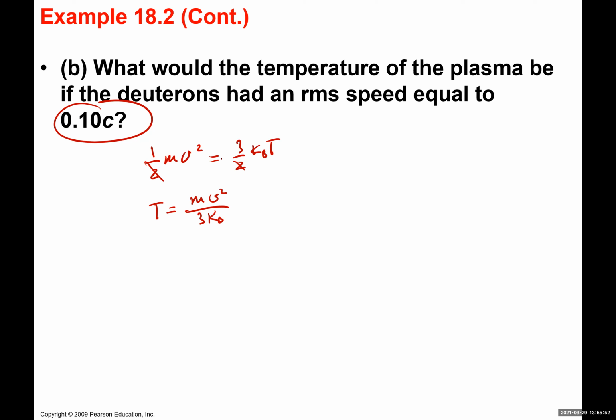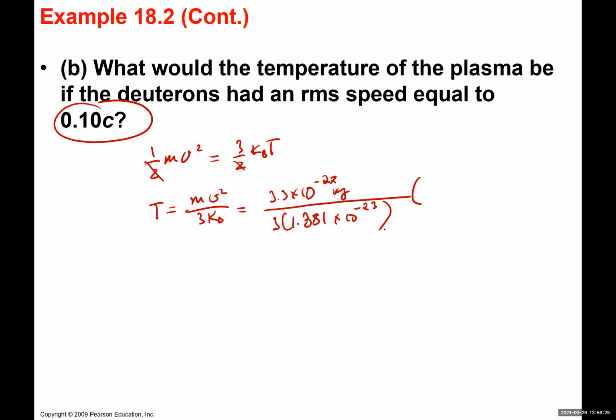So let's see. The mass is 3.35 times 10 to the negative 27 kilograms. Then 3 times 1.381 times 10 to the negative 23, that's the Boltzmann constant.